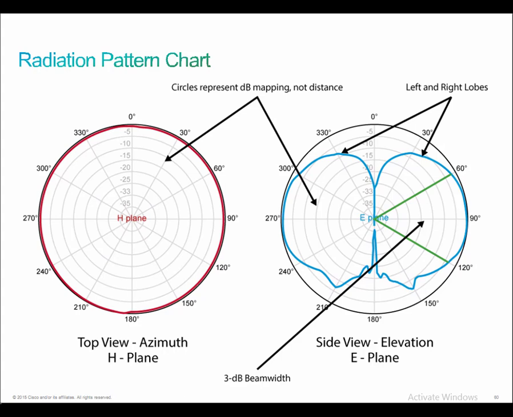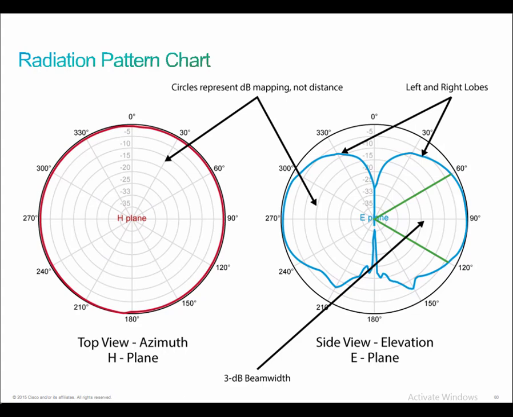Some vendors use double representation, etc. The diagram here shows an omnidirectional antenna. Each circle represents 5 dB, and the degree markings measure beam width. Beam width meaning, what is the focus of the angle, and of course omnidirectional is 360 degrees. So we see that referenced here in the horizontal plane.